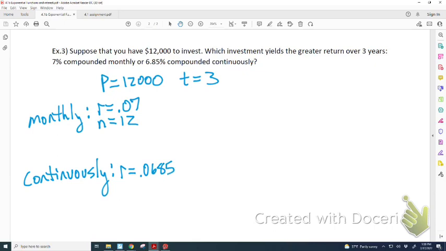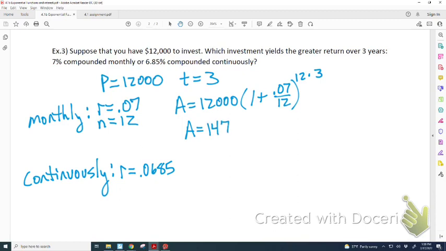All right, let's plug it in. We're going to go 12 to the 12 times 3. When we type it all in, we should get 14,795 and 11 cents.